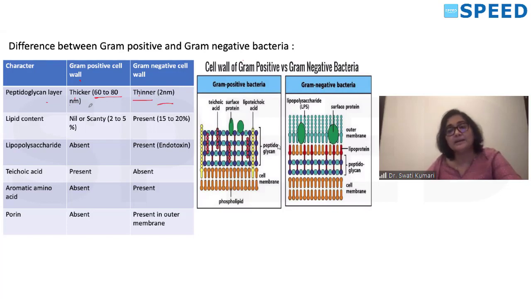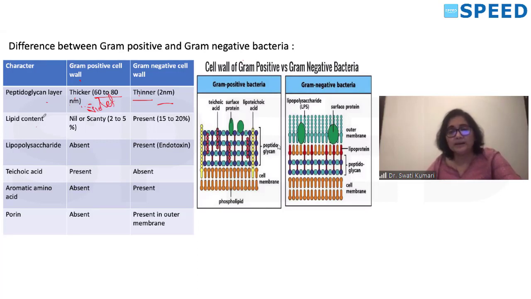Because of this thicker peptidoglycan, they take the gram stain and do not lose it. They take the crystal violet, methyl violet or gentian violet, so they appear violet in color, because of the thickness of their cell wall.